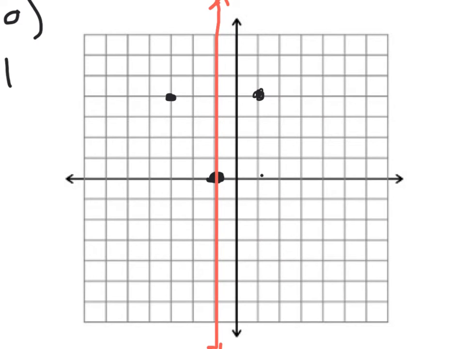So on our graph, everything's going to be perfectly symmetrical on the right side of the axis of symmetry and on the left side. So since this point is up 4 spaces and 2 spaces away from our axis of symmetry, we need to be up 4 spaces and 2 spaces away from our axis of symmetry on the left side.